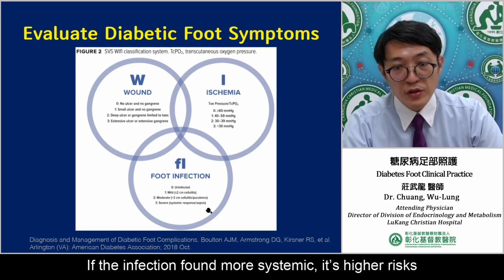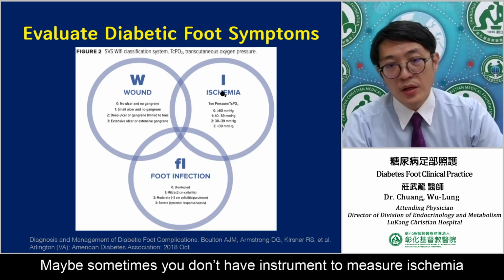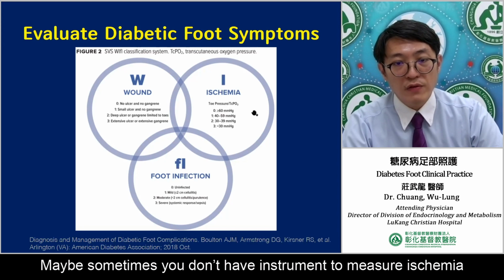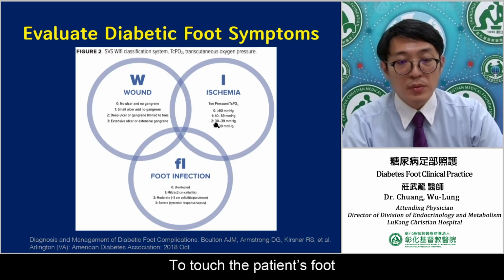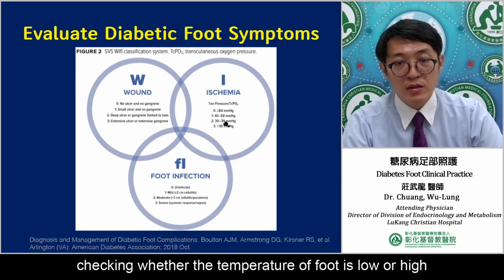If the infection signs are more systemic, it's higher risk. Maybe sometimes you don't have an instrument to measure the ischemia, but instead you can make a physical examination, touching the patient's foot to check whether the temperature of the foot is low or high.